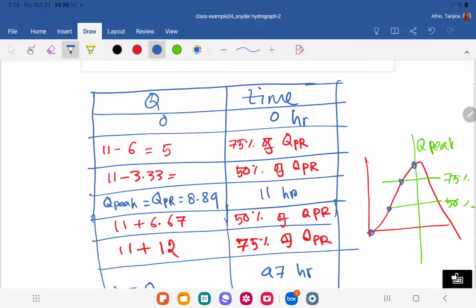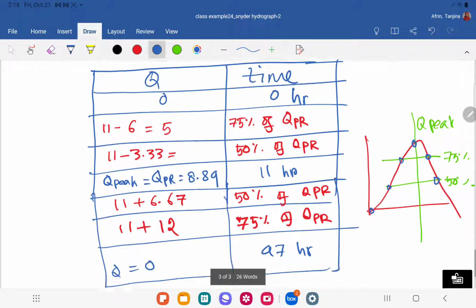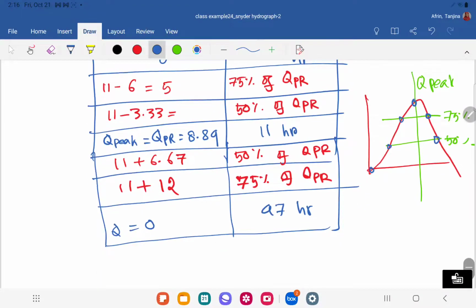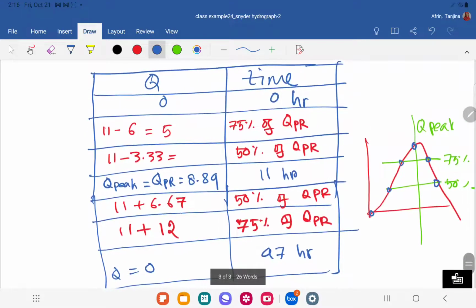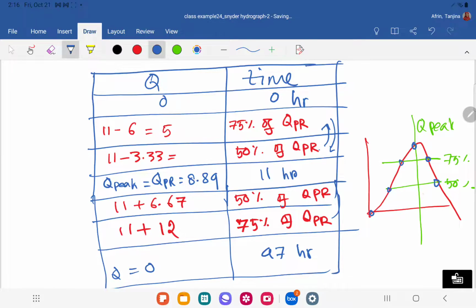Okay, and then you will get again 75% and the 50%. Actually I did that in reverse way. So that 50 will be here and 75 will be here. The same thing, the 75% will be here and 50% will be here.